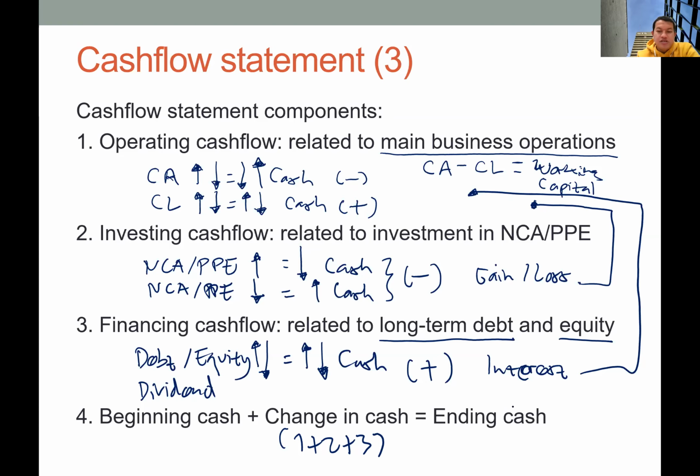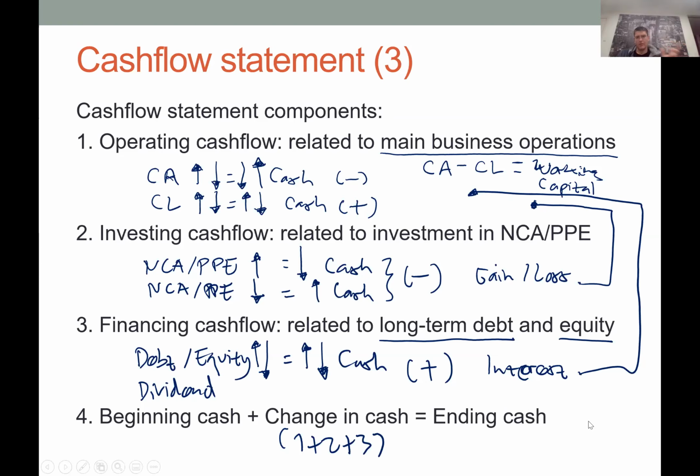So this is the way we check our calculation of the cash flow statement. If we add this net cash flow to the beginning cash, the total should be equal to the ending cash in the balance sheet. If we don't have the same balance as the ending cash, it means we missed something in the calculation, so we have to check. This is how we recheck the cash flow statement calculation.